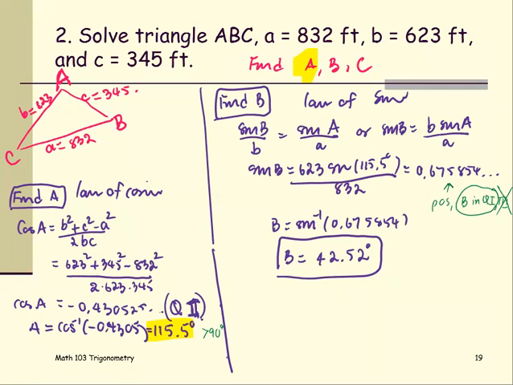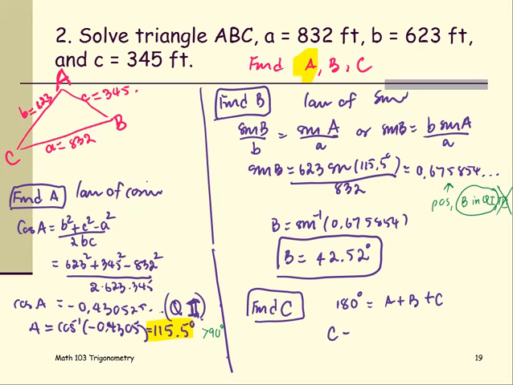Next, we finish up by finding angle C using the relationship that all three angles combined equal 180 degrees.